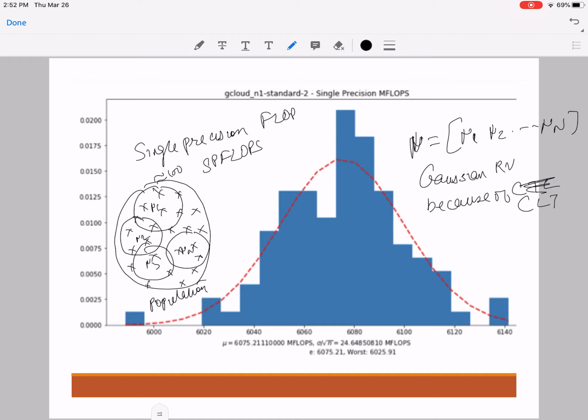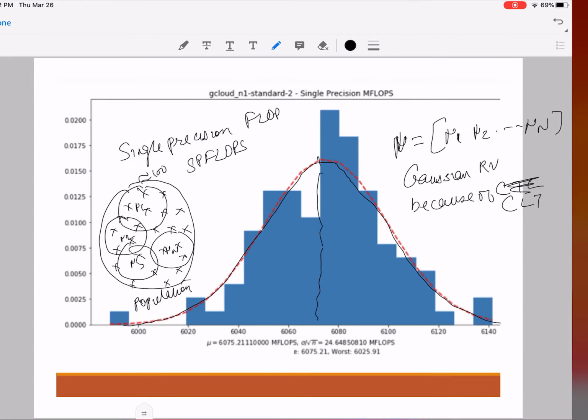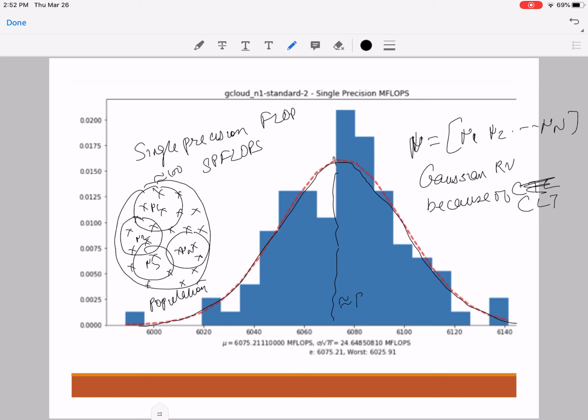Next, they plotted the histogram, and they found that it is indeed approximately modeled by a Gaussian distribution, and the average of this Gaussian distribution is approximately equal to the population average.